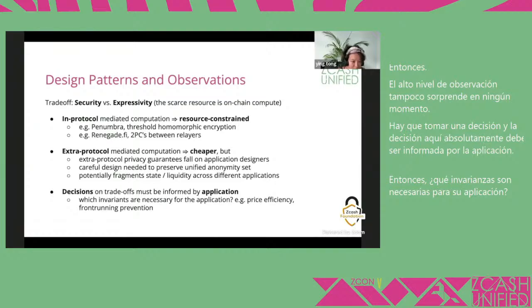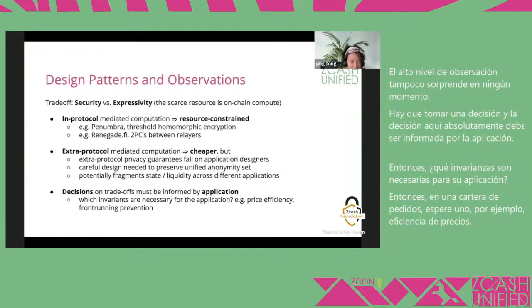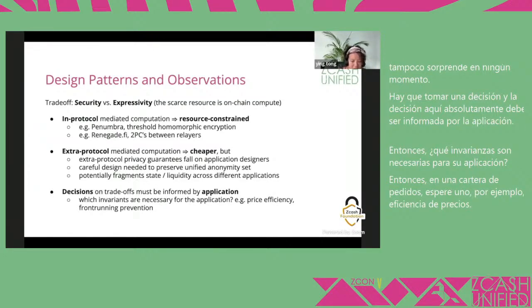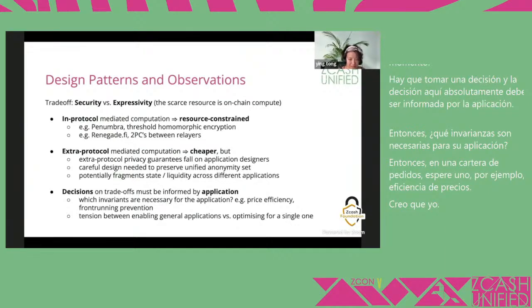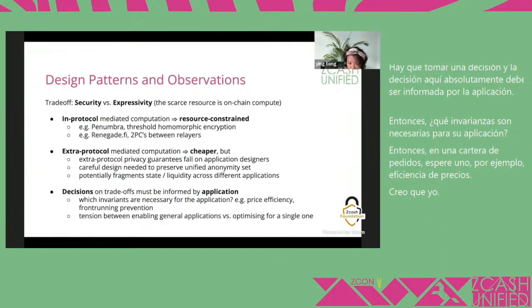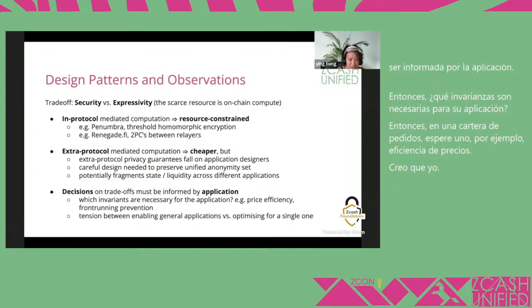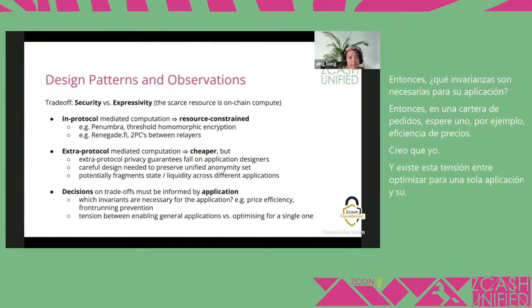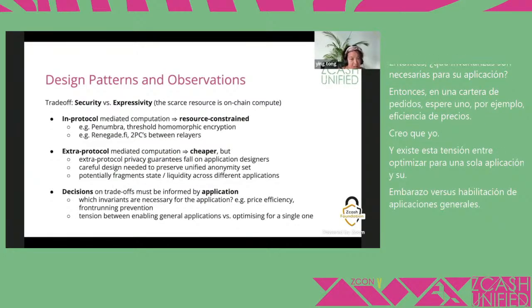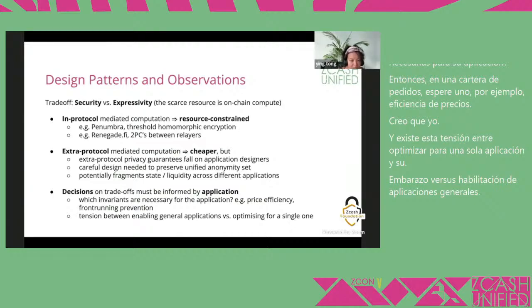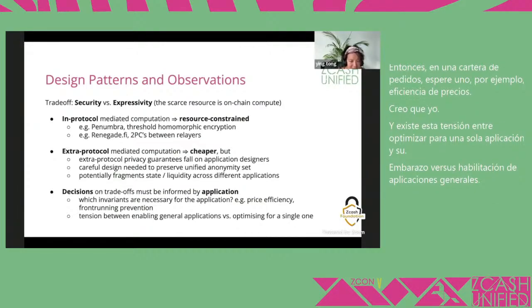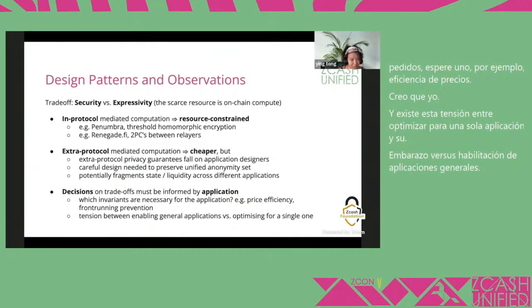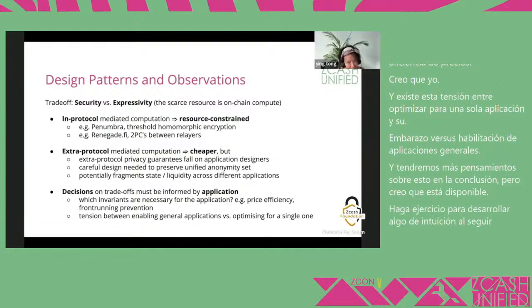In CFMM, we want front running prevention. And there's this tension between optimizing for a single application and its invariants versus enabling general applications. We'll have more thoughts on this in the conclusion, but I think it's a valuable exercise to build some intuition by going through some actual protocols.